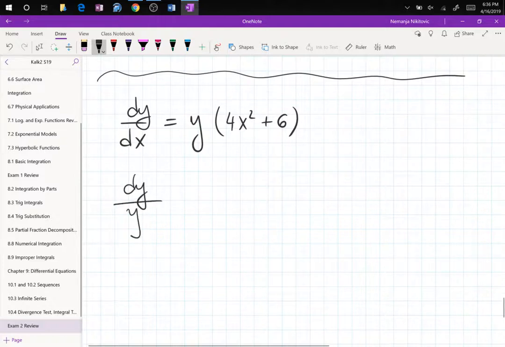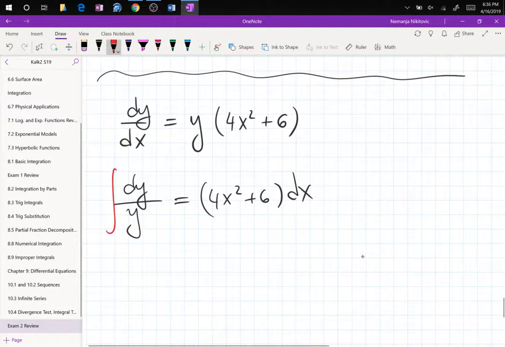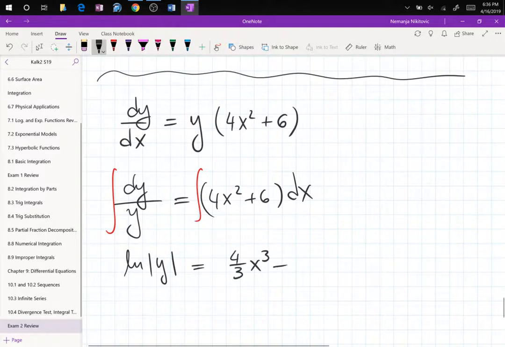Yesterday, dy over y is equal to 4x squared plus 6 dx. Integral. We have ln of y is equal to, now integration over here is 4/3 x cubed plus 6x, right?